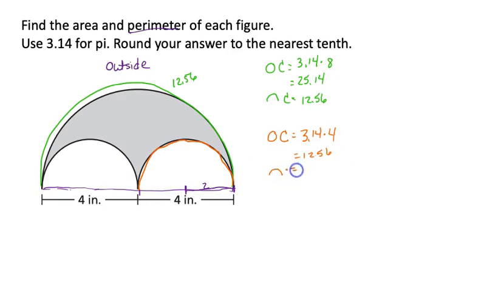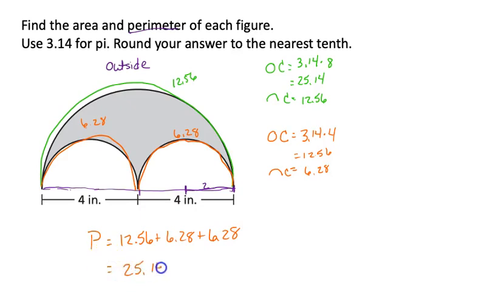I just want the semicircle. So we divide the 12.56 by 2, and that would be 6.28. So this section here is 6.28. Now think about it. This is the exact same semicircle, right? So we already know what this one is. We don't have to find two different ones. So to find the perimeter, we just add it all up: 12.56 plus 6.28 plus 6.28.